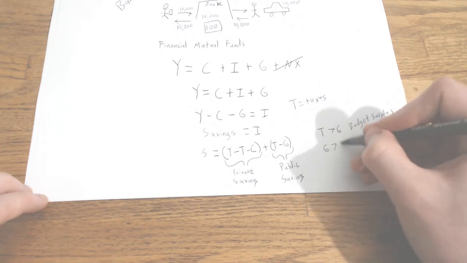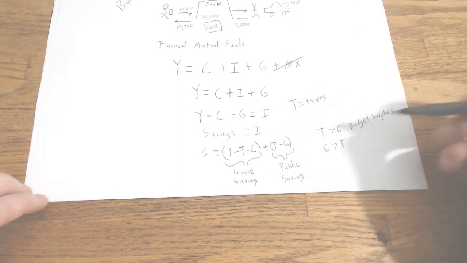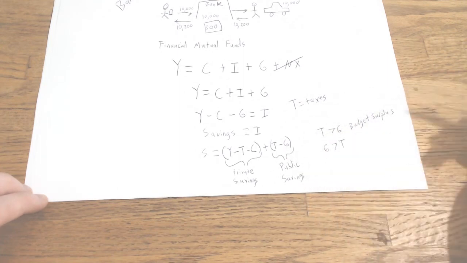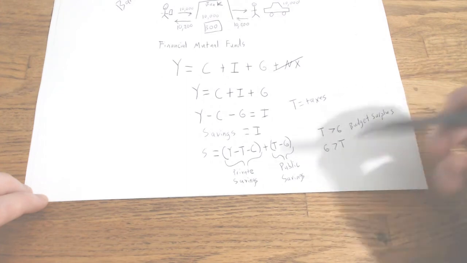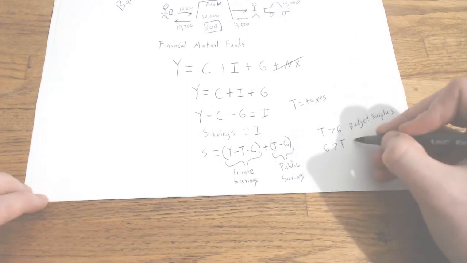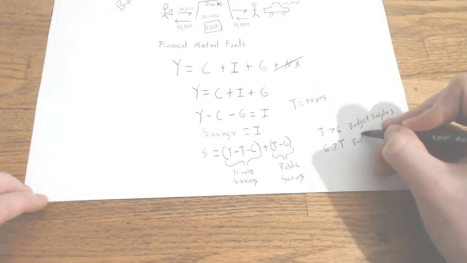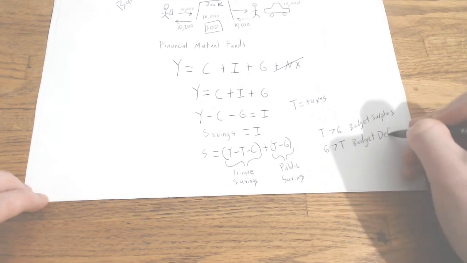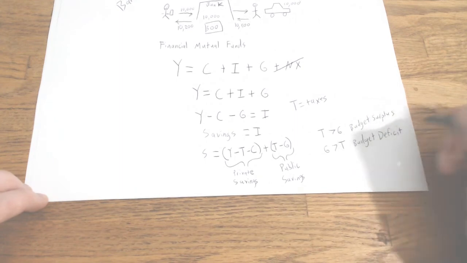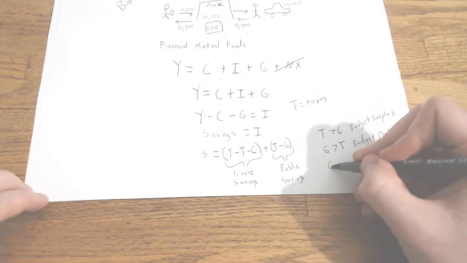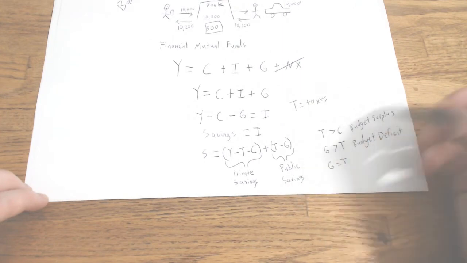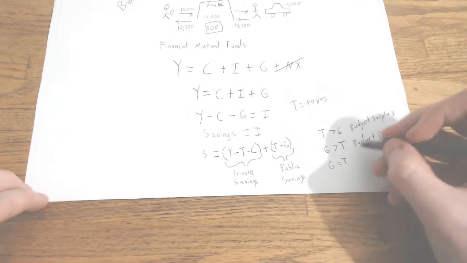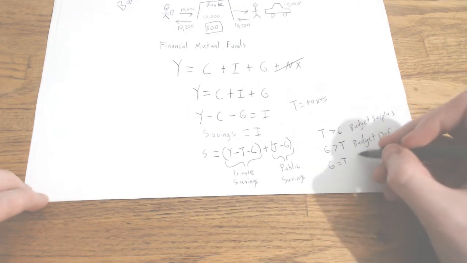If G, however, is greater than T, that means our spending is greater than our revenue. The government spending is greater than our taxes, which is their revenue. That's going to be a budget deficit. And if they're equal, G is equal to T, we typically call that a balanced budget.